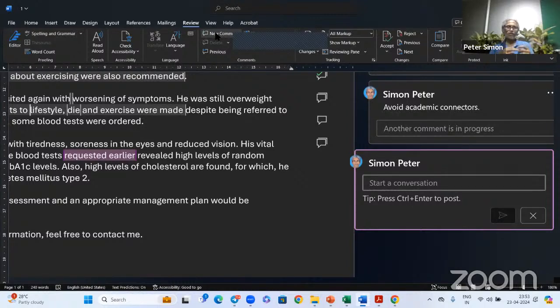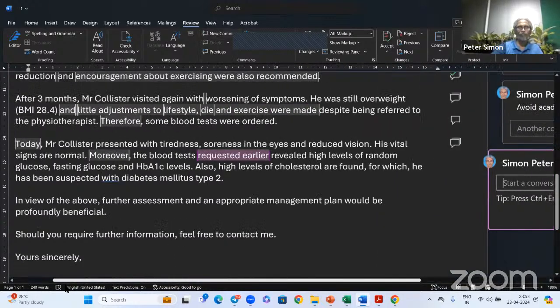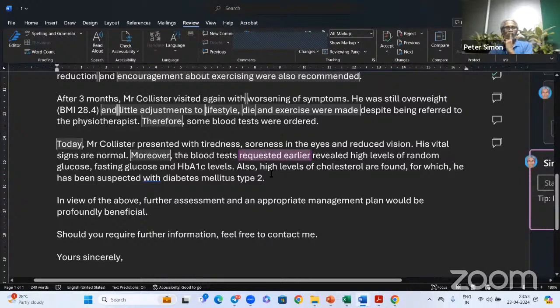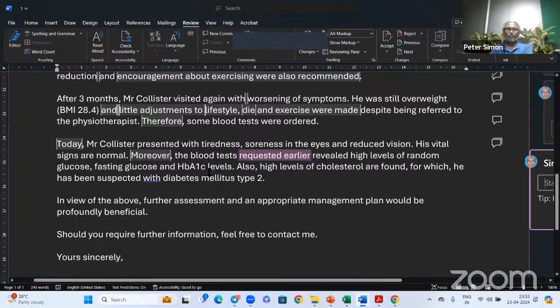So sequencing, organizing: you put the other things there and these things here. Why don't you join these two things together in one place? That is the ordered blood test there and this is another one. So this is the fourth, that is earlier, and today is what date? 18th February.